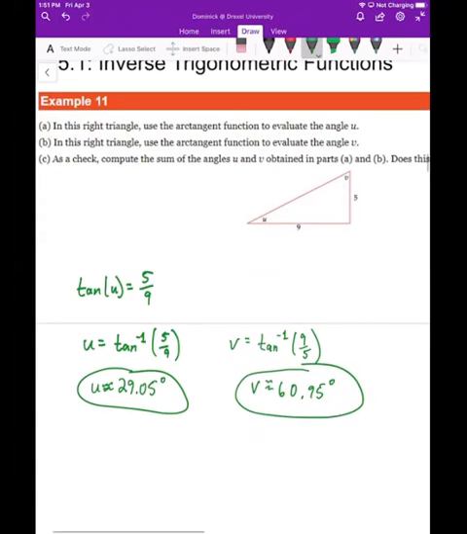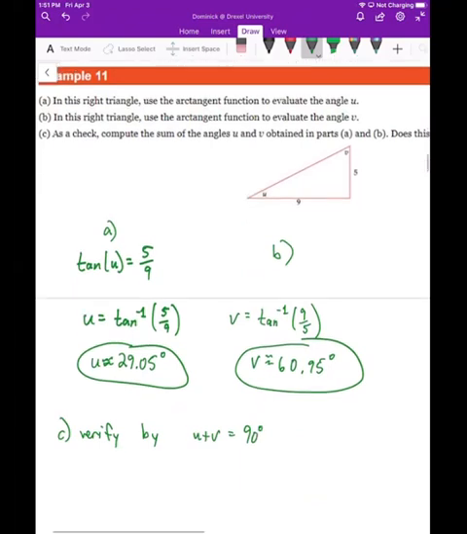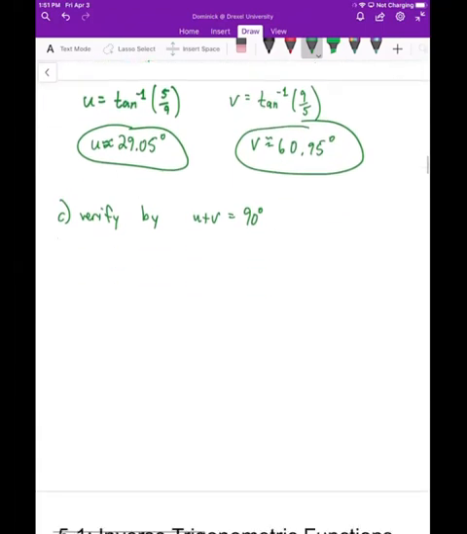And of course, part C, so this was part A, this is part B. Part C is to verify by adding these. And of course, if you add these, you do get 90 degrees, which is what we should expect. All right, so that's how we can use the arctangent in this case to find some triangle angles.